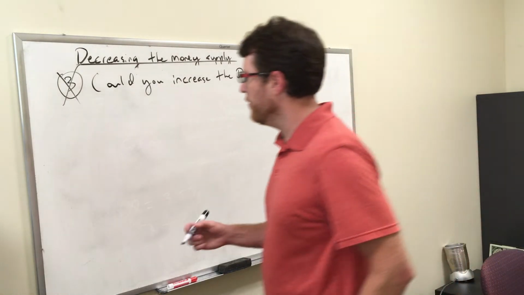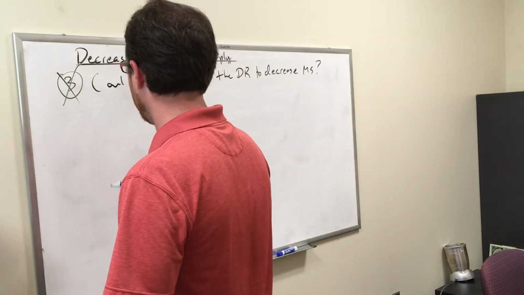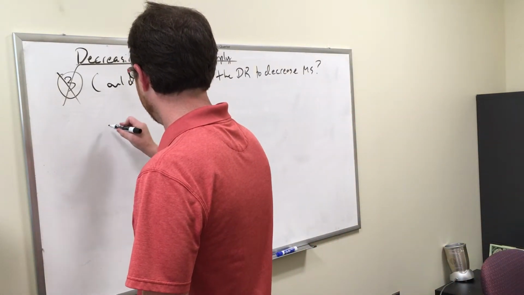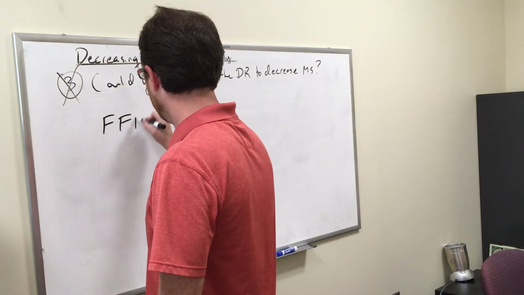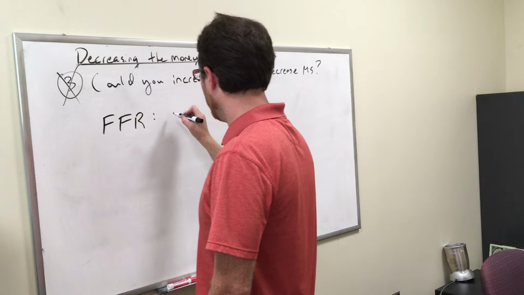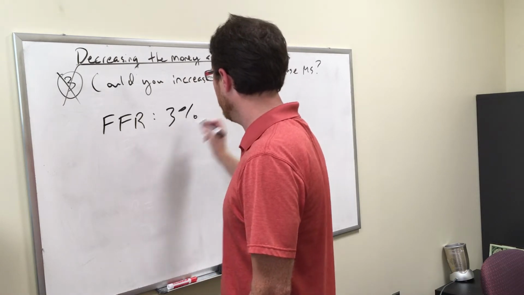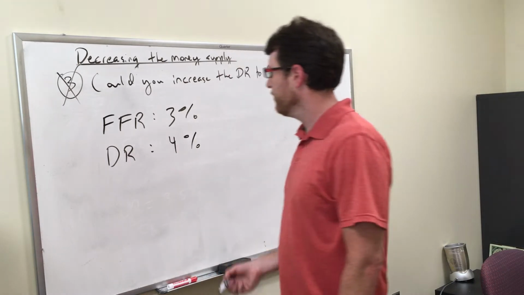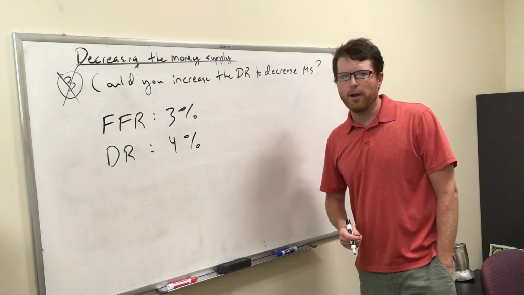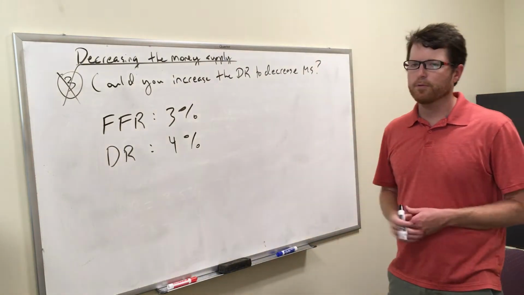But think about the scenario that the U.S. is in at just about any given moment. The required reserve rate is 10%, like it always is. Okay. The federal funds rate is maybe at 3%, and the discount rate is maybe at 4%. It's a pretty typical scenario for our Federal Reserve to have set up these rates.